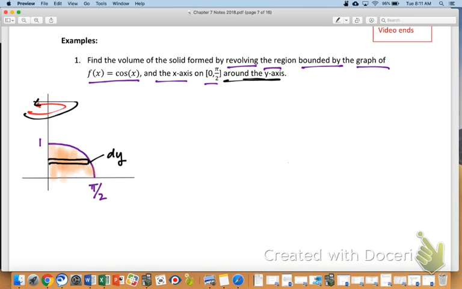The only way to do that is with an integral. So I'm going to start this off with the integral. I don't know my limits yet. I don't know what goes on the inside yet, but I do know this: it's dy. I know that part, at least. I don't know anything else yet.